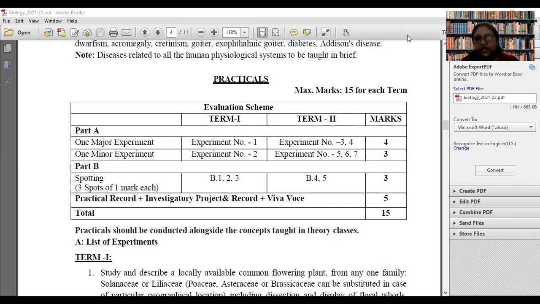Even if it is online practical or offline practical, Gujarat board or CBSE board, in all boards students will have this type of experiment of spotting. So what is expected in case of spotting?